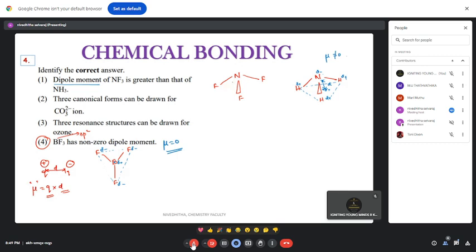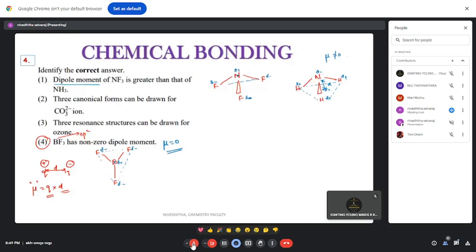Similarly, in NF3, which has more electronegativity, nitrogen or fluorine? Fluorine. So fluorine will have a partial negative charge and nitrogen will have a partial positive charge. So we have one positive center at the nitrogen. Now I have three negative charges.